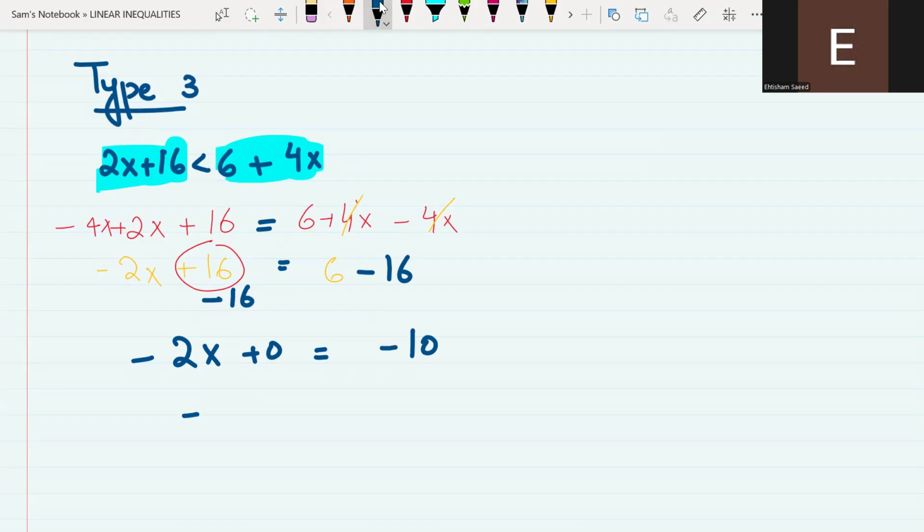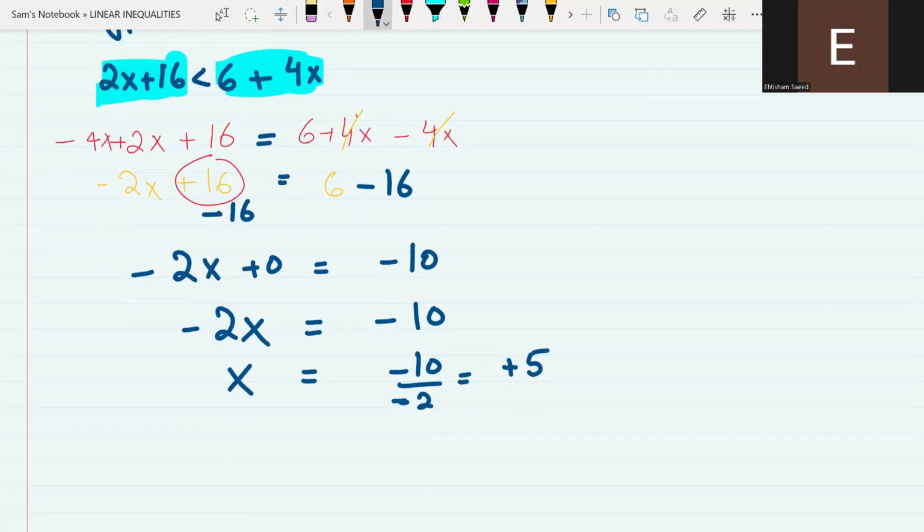So minus 2x is equal to minus 10, and x is equal to minus 10 over minus 2, that is equal to plus 5. When I bring back the inequality sign, it is x is less than 5.